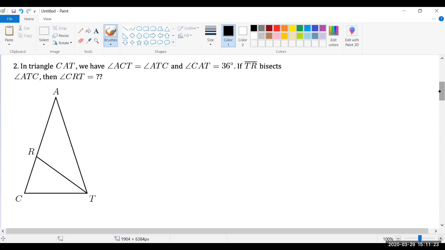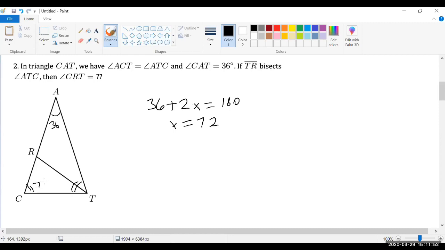Okay, so we're given CAT is 36, so let's just write that down. ACT is congruent to ATC, so this is isosceles, and that means that the angles are the same, and 36 plus 2 times any of these is 180, which means that each of these is going to be 72.